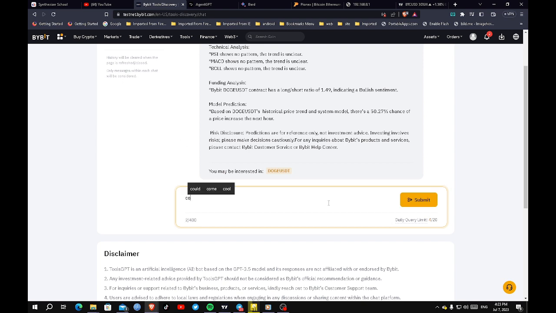Okay, so code a trading bot that buys every time Elon Musk mentions Dogecoin on Twitter.